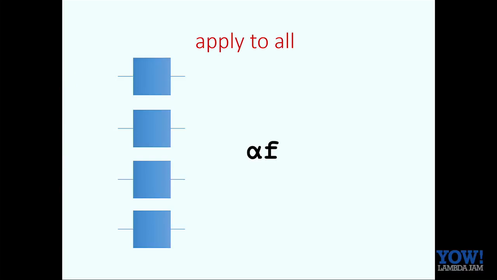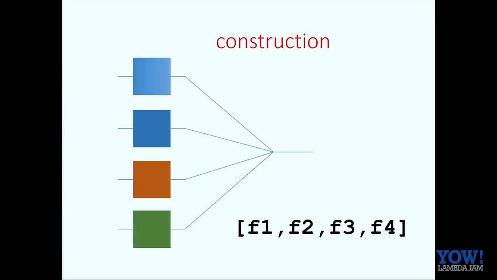Here's another of his combining forms. If you've got a bunch of programs, F1, F2, F3, and so on, you could make a construction of them, which he wrote like this. And this is a program that takes the input and replicates it and passes it to each of the functions, making a vector of the results. So those are just two examples, and there were many more.